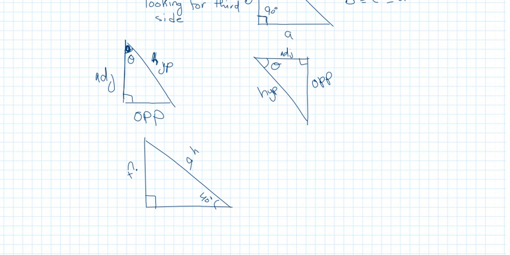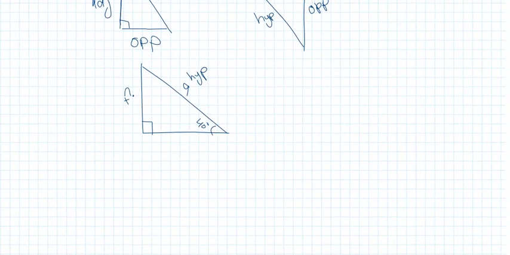I'm looking for the opposite, and I know the hypotenuse. So which one of SOHCAHTOA do I use? Sine, because sine is the one that deals with O and H. So I set it up: sine of the angle equals opposite over hypotenuse.